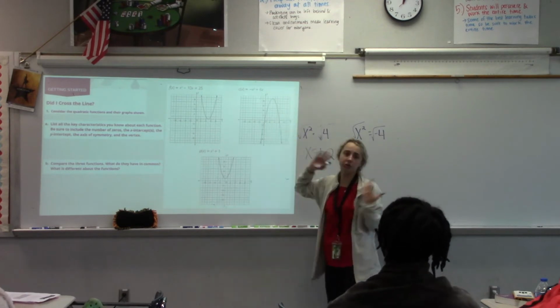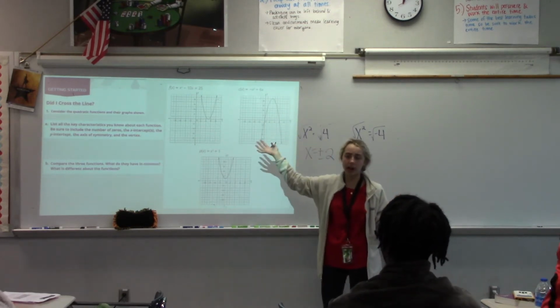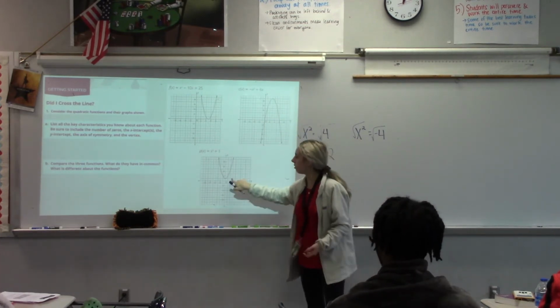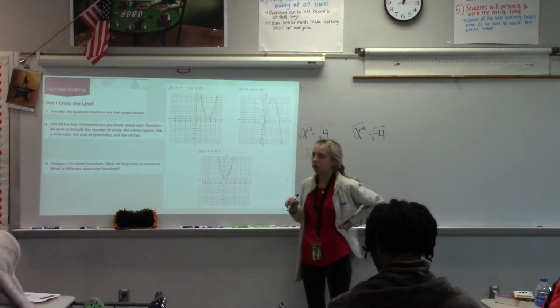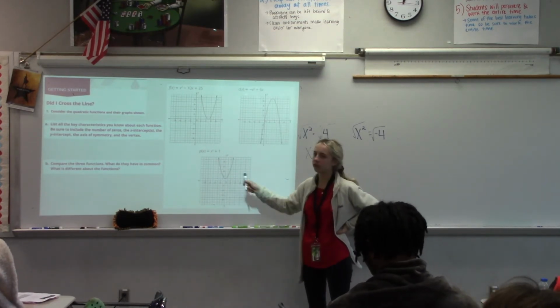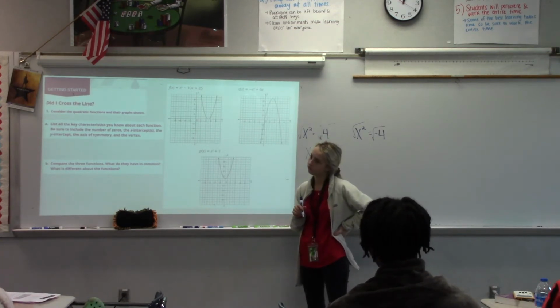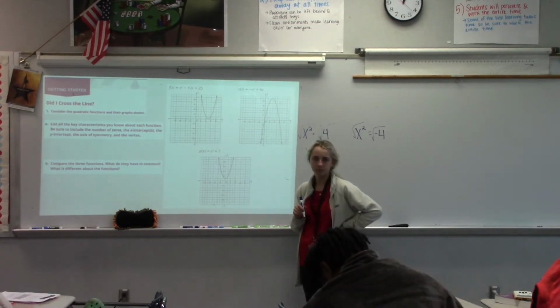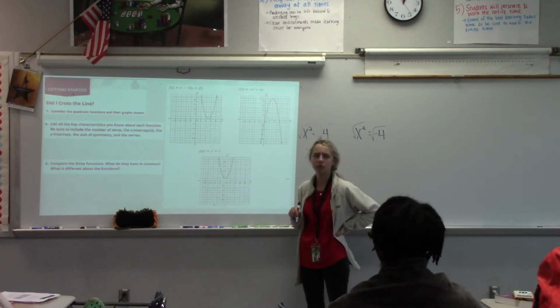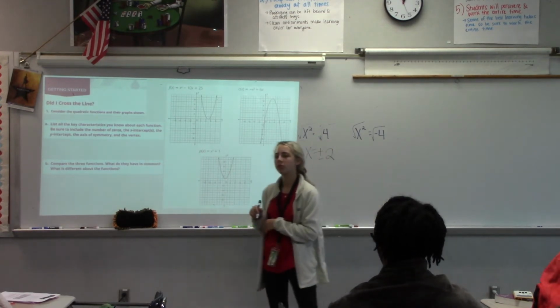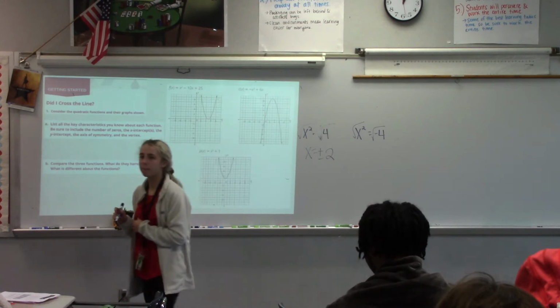Okay, so 0 and 6, you're looking at where it's crossing the x-axis, right? Well, what about this one? What are the solutions to this one? Does this have solutions?